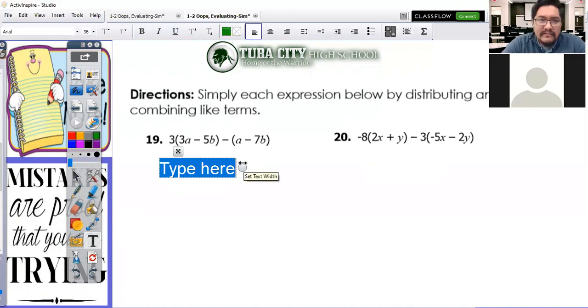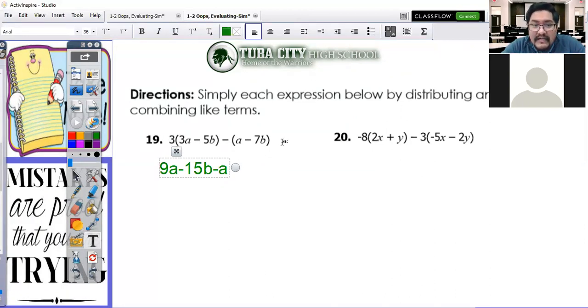So let's go ahead and distribute the 3. So 3 times 3 is 9. And A is going to stay there because it's 3A times 3. Now again, watch your signs because we're not going to change the sign on this one. It's going to stay the same. So this is 3 times -5, which is -15. Variable stays. Now again, this is the one that you have to watch out for because this is the one where there's a group.